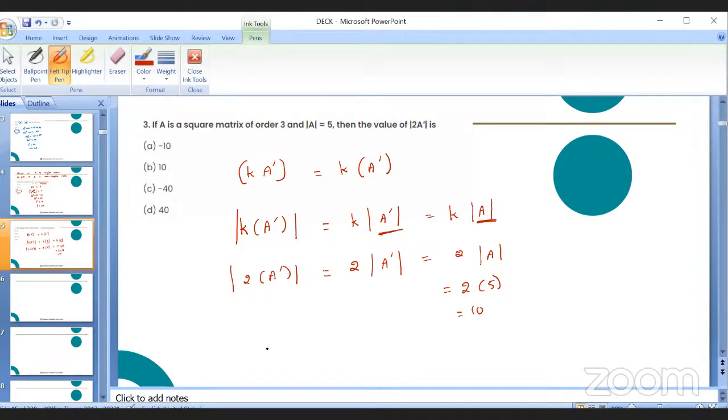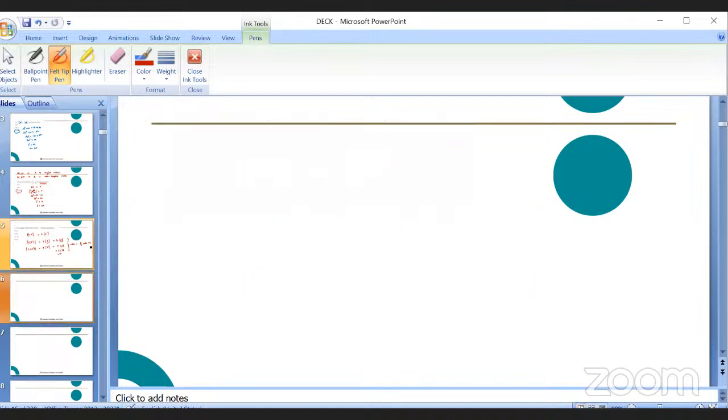But this formula is applicable if matrix A is of order 1 by 1. Suppose I will take this formula for A is a matrix of order 2 by 2. Then what will be the formula?